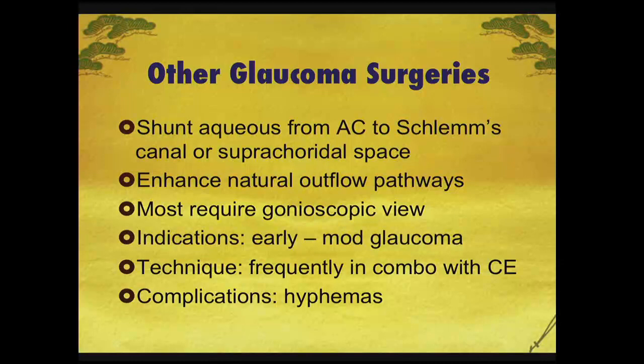They mostly all require a gonioscopic view of the angle, because it's all being done through a cataract incision, and they don't lower the pressure as low as a trabeculectomy can, so they're really indicated for early, maybe for moderate glaucoma, but definitely more for the early glaucomas. They're frequently done in combination with cataract surgery, and their most frequent complication to date seems to be hyphemas, because you're letting the blood come backwards out of Schlemm's canal, because you're now creating a pathway.